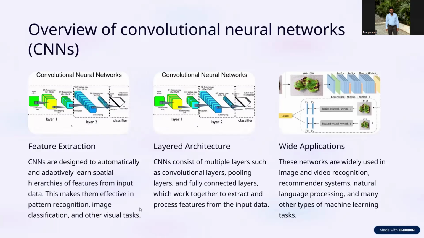All of you know about feature extraction, because you have already gone through CNN. CNNs are designed to automatically and adaptively learn spatial hierarchies of features from the input data. This is helpful for learning pattern recognition effectively, and other visual tasks also. The layered architecture of CNN follows this concept, where fully connected layers are helpful to process the extracted features from the input data, which may be image, audio, or video.